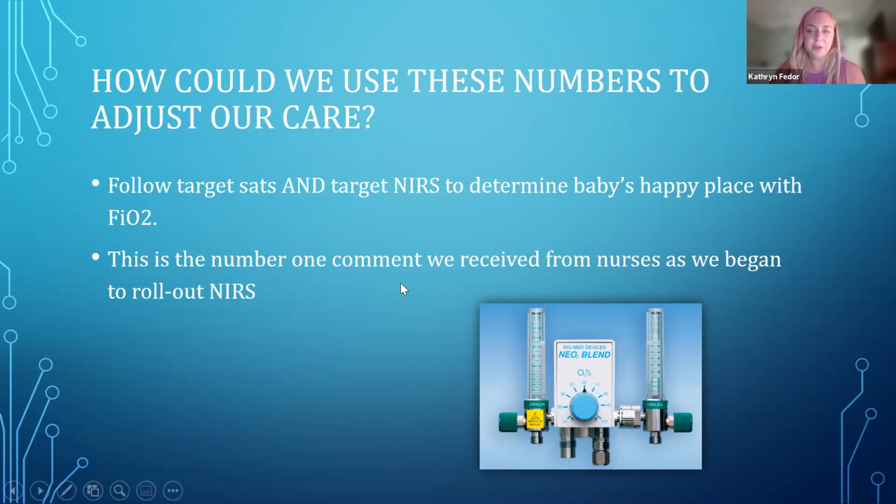So again, this was the number one comment we received from nurses. Many times when one of us would get called over to the bedside for a low reading, that is one way we sort of ruled out probe failure. I said, if you turn the baby up a few percentage points, does the NIRS recover, or is it sort of stagnant in this really oddly low reading? Maybe we need to adjust the probe.